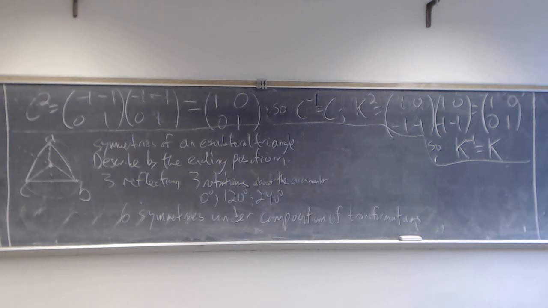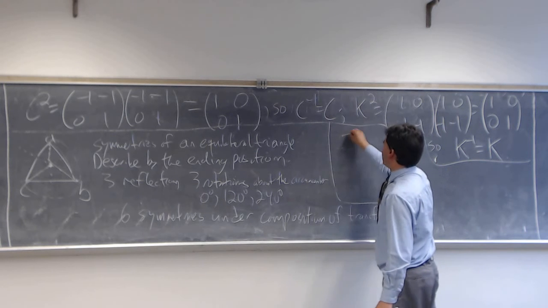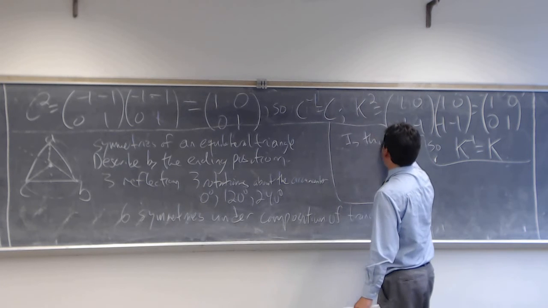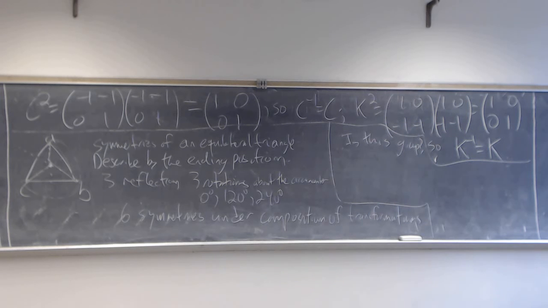So let's look at that. Is it a group? And let's just try to go through and describe what they are, and then go through the Cayley table, maybe even give these names.